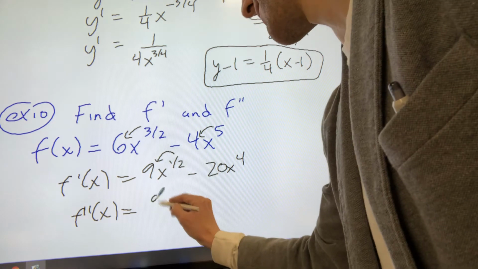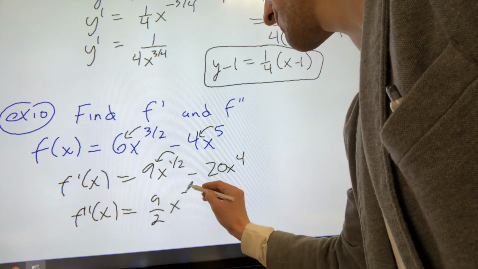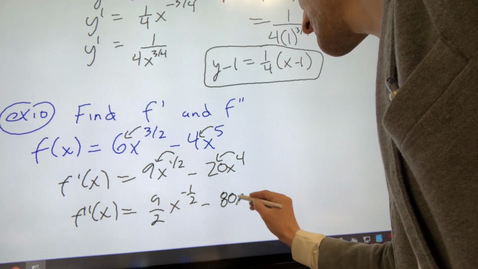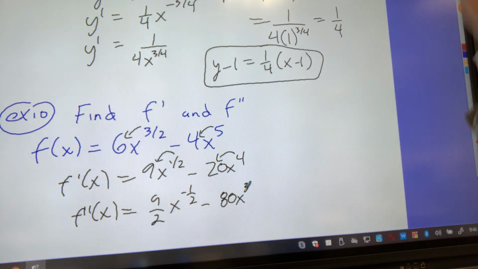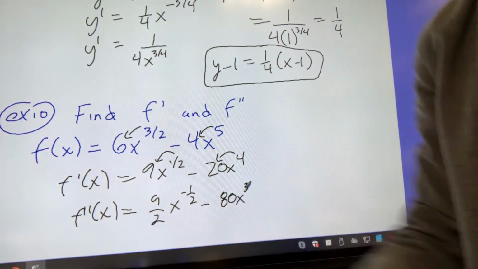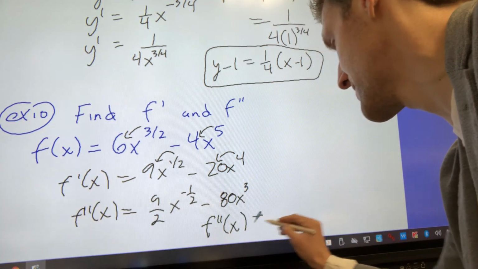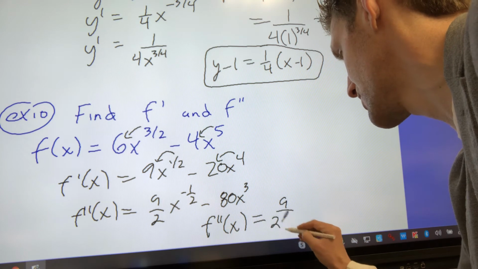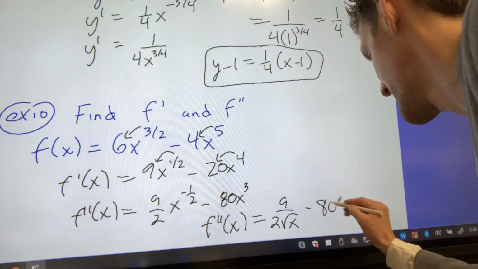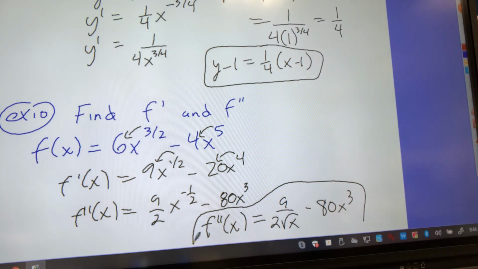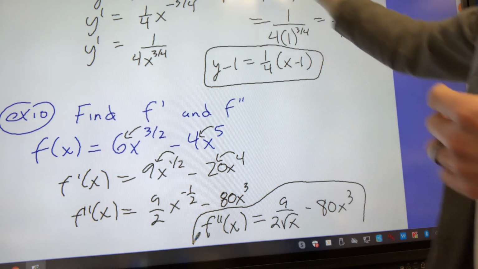Bring down the power, 9/2, 1 power less, minus 80x to the third. So what do you have? You have f double prime of x is equal to 9 over 2 root x minus 80x to the third. So do write your answers kind of like that on your homework. X to the negative 1/2 puts x to the 1/2 in the denominator. That's the square root of x.